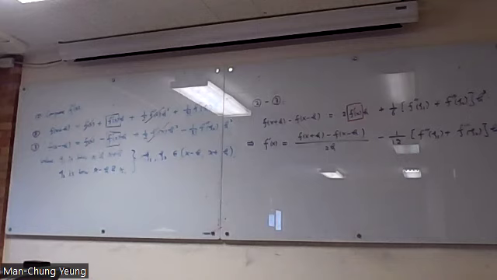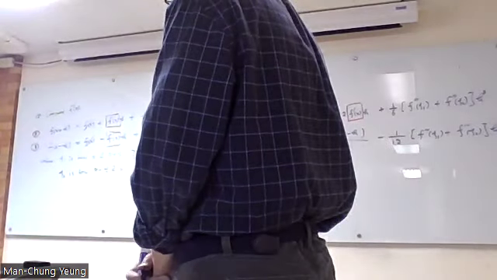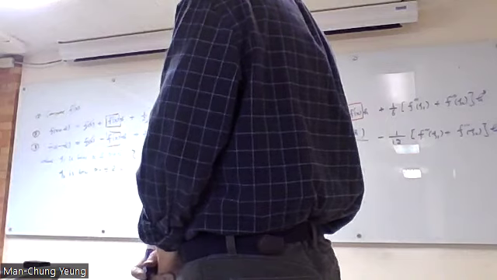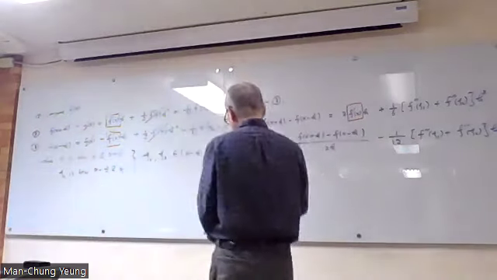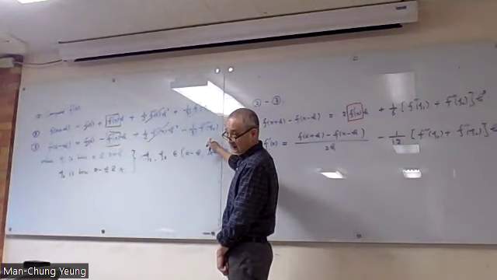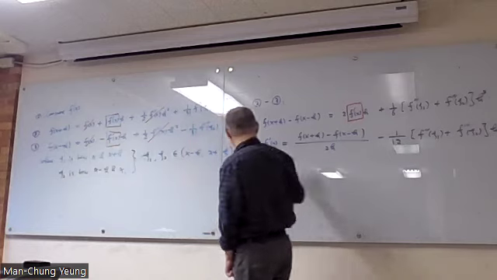It should be 1 over 6, because 1 over 3 plus 1 over 3. This minus this, so plus.